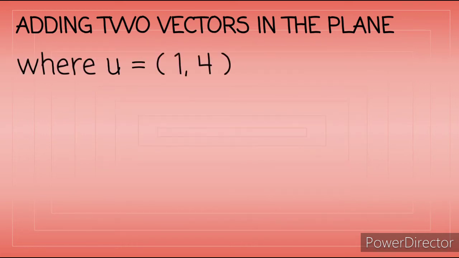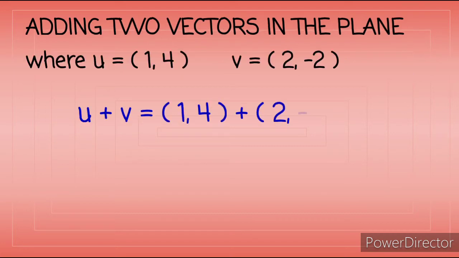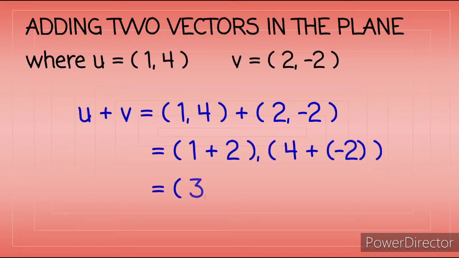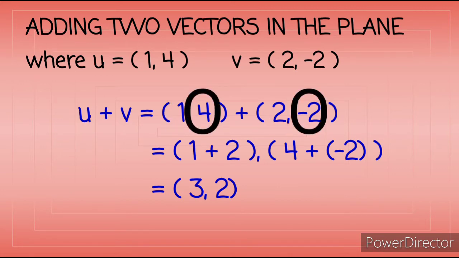Let's have an example where u = (1, 4) and v = (2, -2). To add the two vectors, we have u + v = (1, 4) + (2, -2). By adding the corresponding components of u and v, we get (1 + 2, 4 + (-2)) = (3, 2).